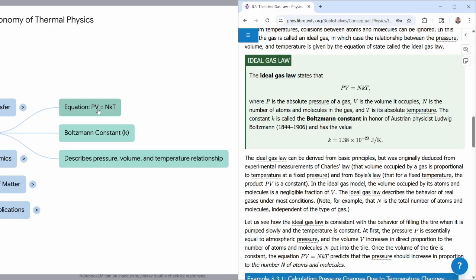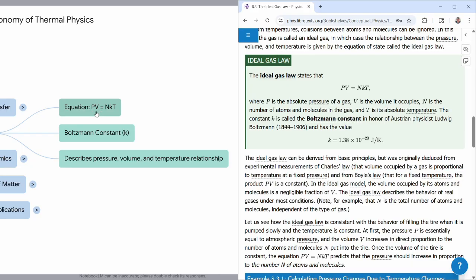The 3 gas laws that you might have seen in chemistry come from basically setting one of these 3 dynamical quantities, pressure, volume, or temperature, to be constant. For example, when temperature is constant, the pressure of an ideal gas is inversely proportional to the volume.